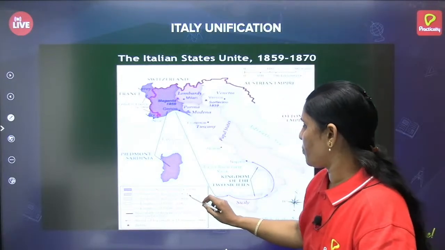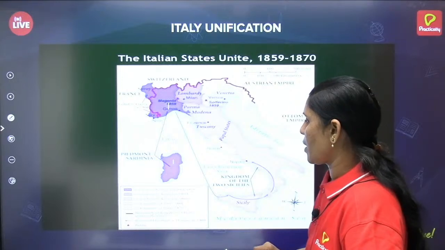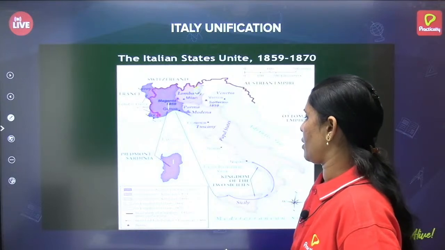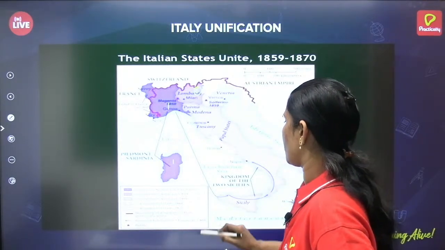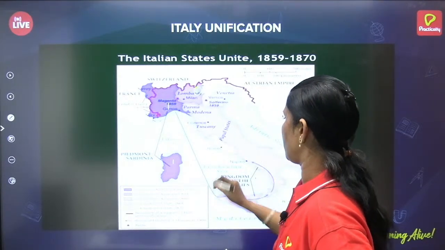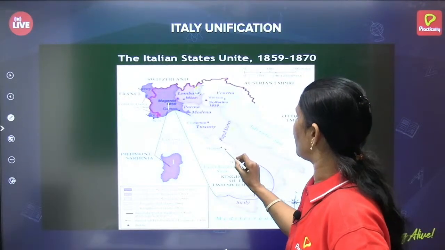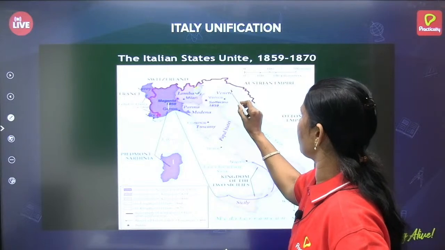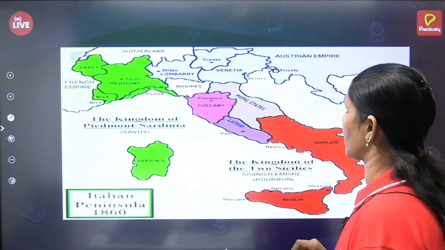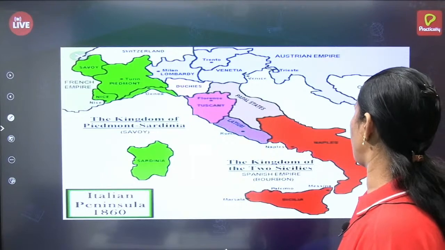This is the first one which was existing, and you can find here Lombardy was in the second stage, and Piedmont, Parma, Modena, Tuscany, and all these are in the third, and Sicily is in the fourth stage, and Rome and Venice were in the fifth stage. Okay, so this is about Italy unification, the Kingdom of Italy, the Peninsula.